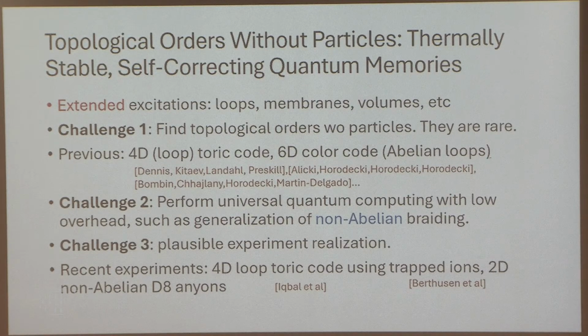So today we want to construct a self-correcting quantum memory similar to the systems that are already realized, like the 4D toric code, and also similar to some of the non-abelian anyon systems realized in experiments, such as the D4 anyons. And also, we want to study logical gates in this quantum memory.